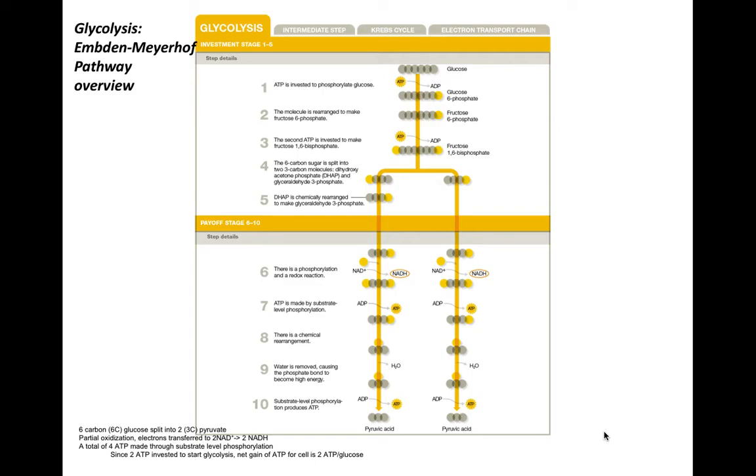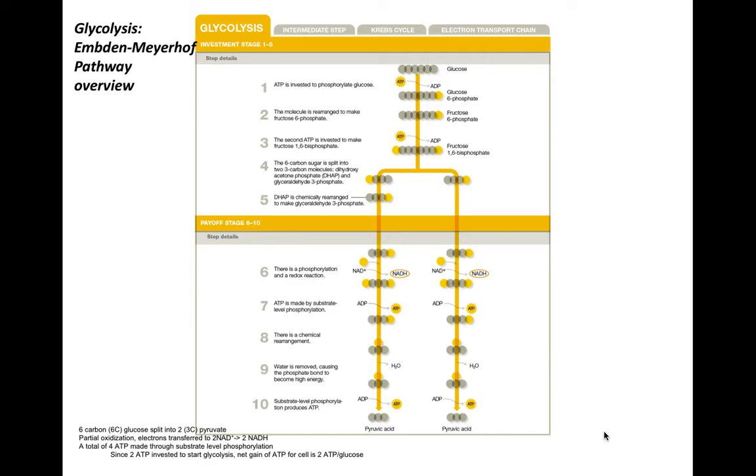During this 10-step process, it requires 10 different enzymes. Some of the high-energy electrons will be stripped from glucose, and these high-energy electrons will be transferred to the electron hydrogen atom carrier NAD, so we're going to end up with 2 reduced NADH. Through the process called substrate level phosphorylation, we're going to make a total of 4 ATP.